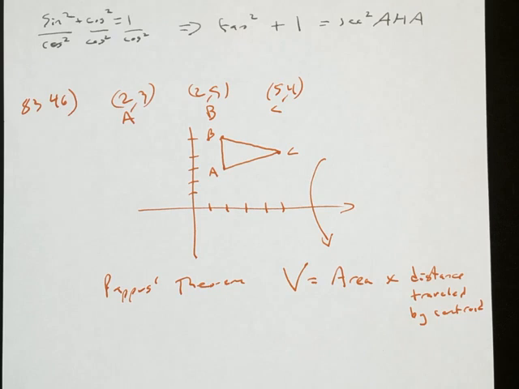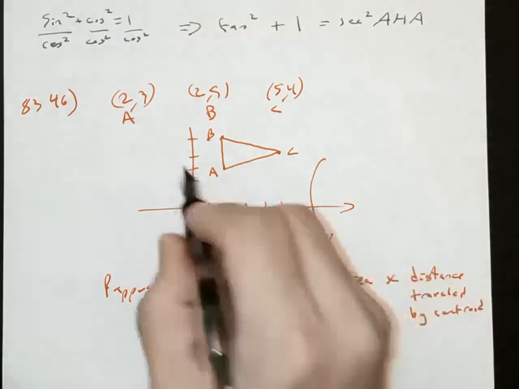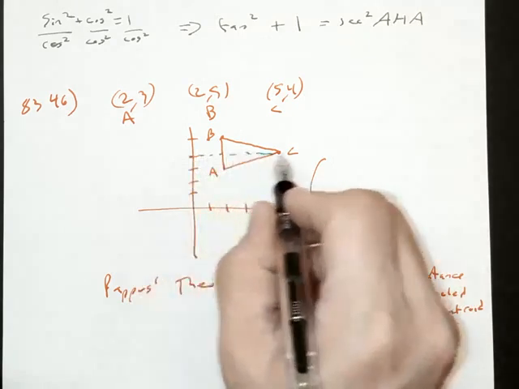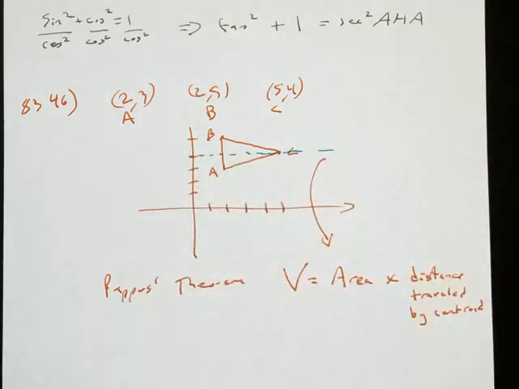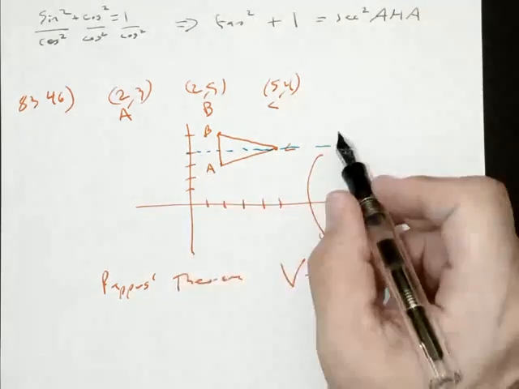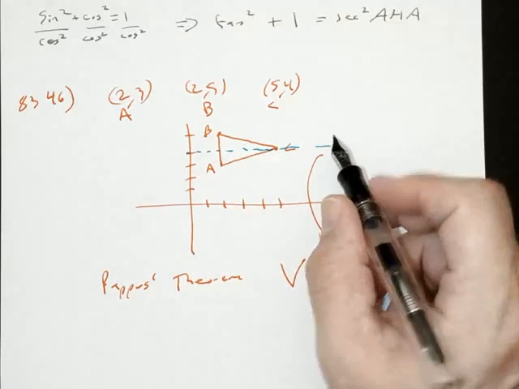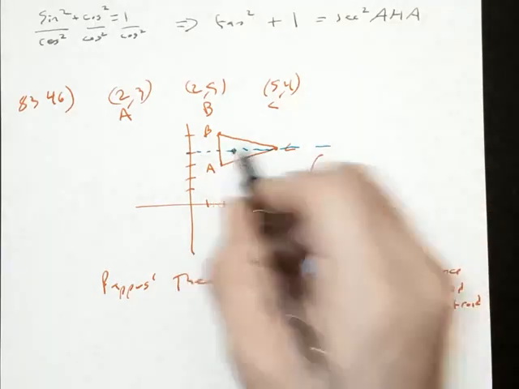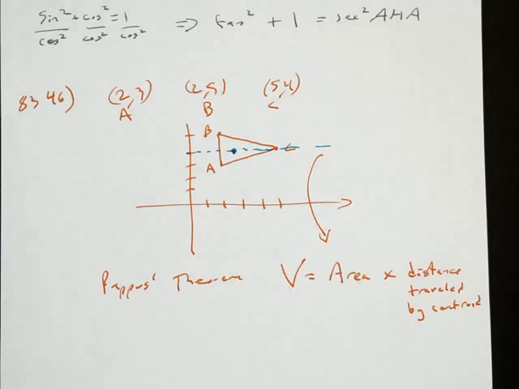Somewhere along this line is the centroid. I think it's going to be closer to the left than it is to the right, but I don't care about that much. Let's just put it somewhere on that line. What do you know about the coordinates of that point?